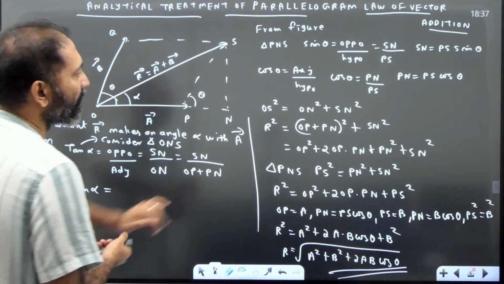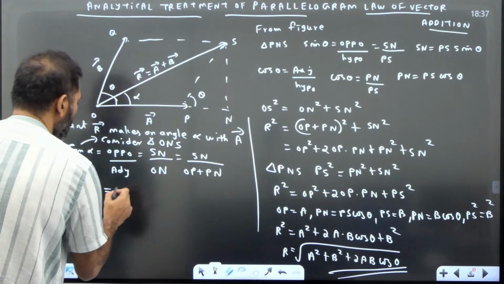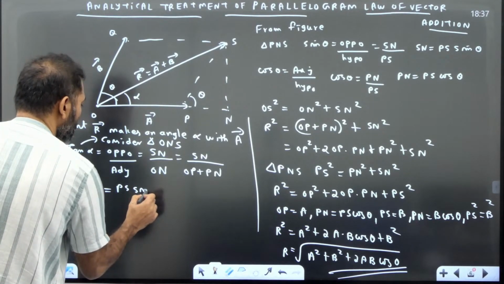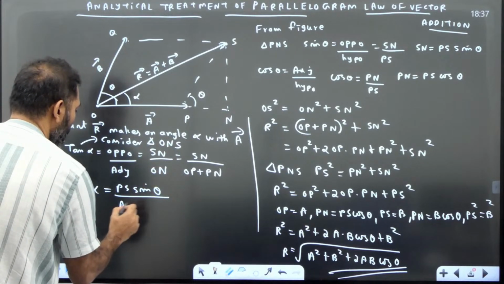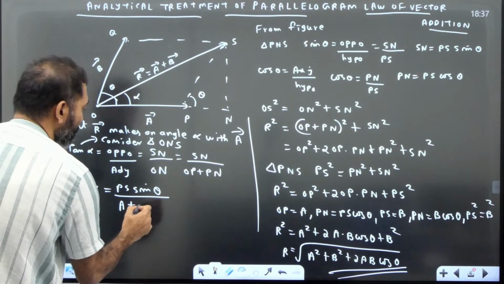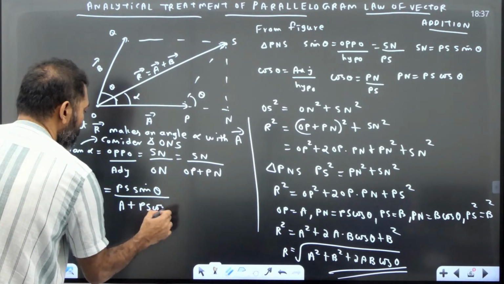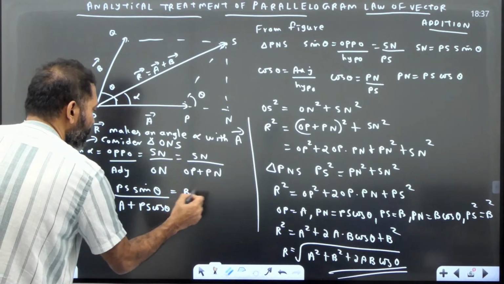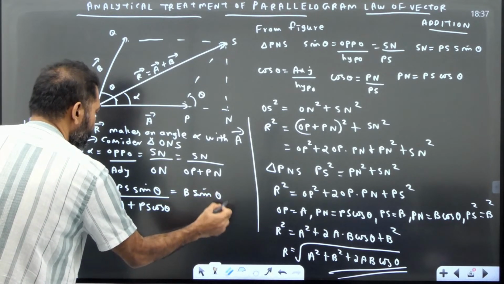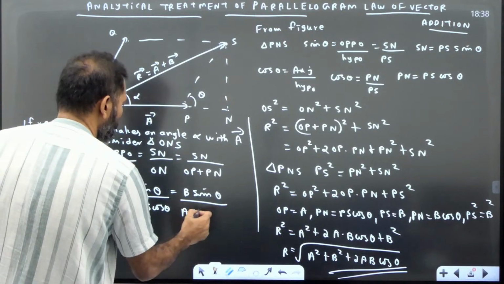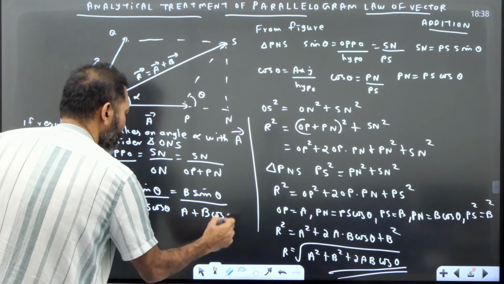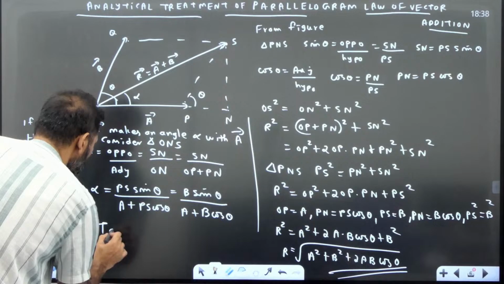What is SN? We have already seen that SN is PS sin theta. What is OP? OP is A, plus PN is PS cos theta. So instead of PS, I am writing B sin theta, and instead of PS, I am writing B cos theta. So what is tan alpha?